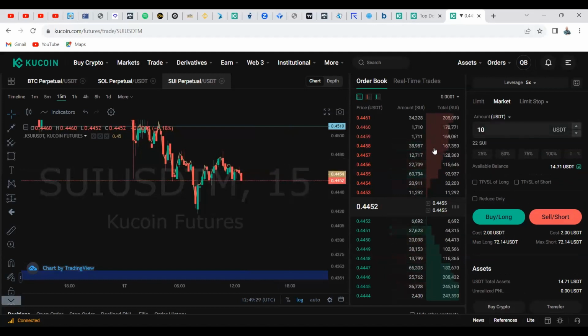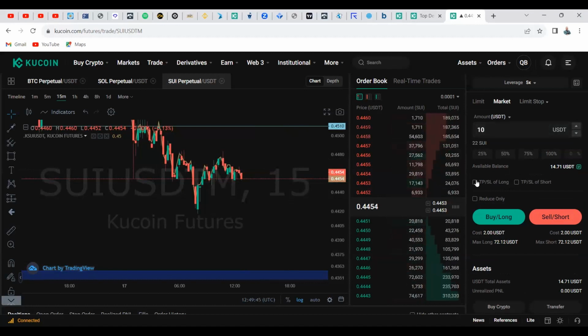And then after I've placed my $10, you've got your TP or stop loss for a long, and then you've got your TP and stop loss for a short, which is, by the way, very nice.